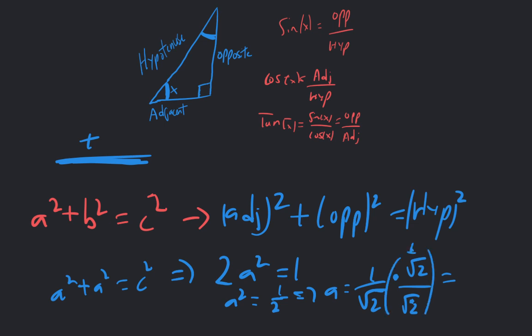This term is just 1, and that leaves us with root 2 over root 2, which is just root 2 over 2. And that's the length of our A side. We can say A, B, C, but we said that B is equal to A, so we'll just say it like that.